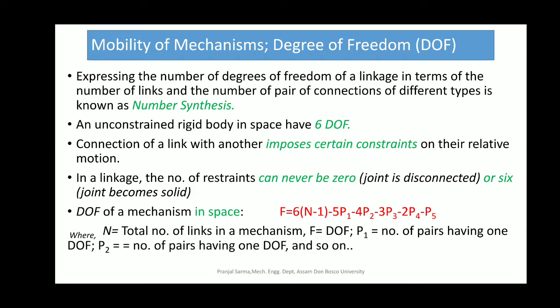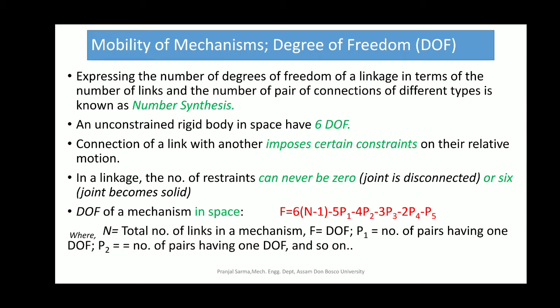Now if we forget about the linkages and connections and consider only a single rigid body in space which is unconstrained, that means all the movements are possible, it is not constrained in any direction, then it can have six degrees of freedom, that means six independent motions. Considering all the translational as well as rotational motion along the three axes of space, we get six degrees of freedom.